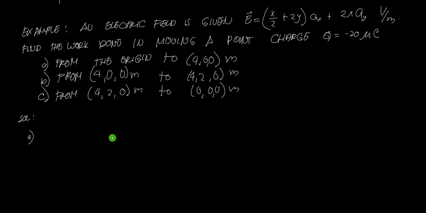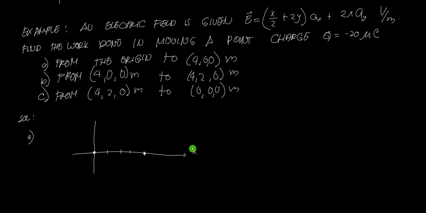This is just two-dimensional, x and y, because the origin is (0,0). We start here with our Q and we move it to (4,0). This is in the x direction, so we move it 1, 2, 3, 4. Remember, there's a field around this, which is this field here in the x and y direction.